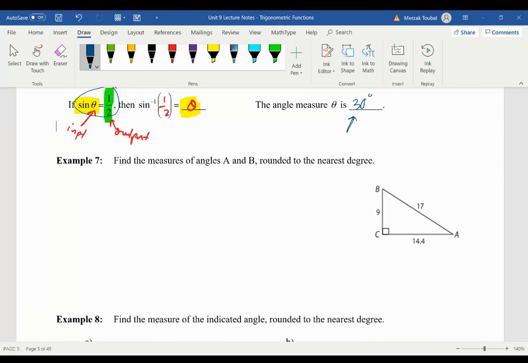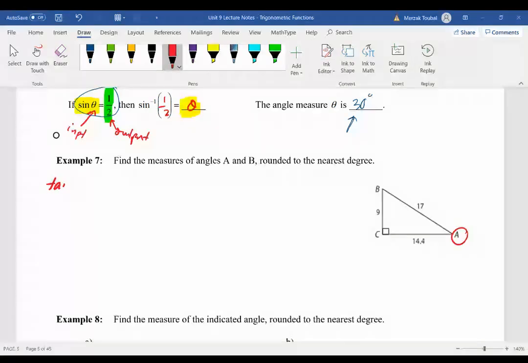Okay, 30 degrees. Example 7 says find the measures of angles A and B rounded to the nearest degree. So let's find angle A. We know the measure of all the sides, so we can actually use any trig function. I would go with tangent, but you can use sine or cosine or any other function, but I like to use tangent.